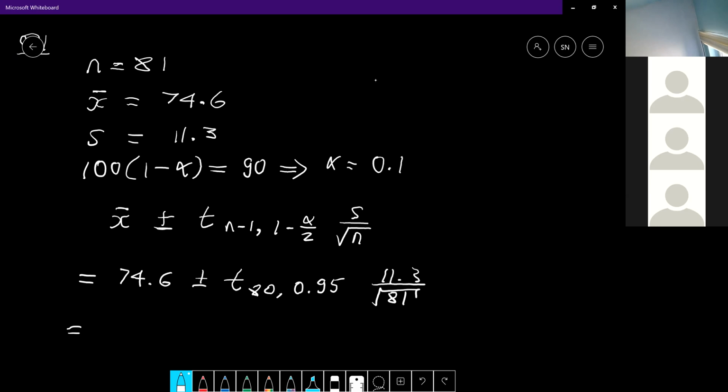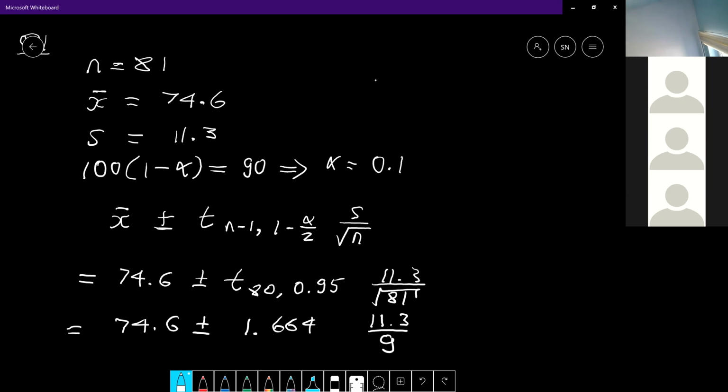Guys, if you have any question, you can use the microphone, or you can use the chat box. There's a chat box you can write on for any questions you have, right? And so this will become 74.6 plus or minus this value here, which you can read from the t table, 1.664, multiplied by 11.3 divided by the square root of 81, which is 9.